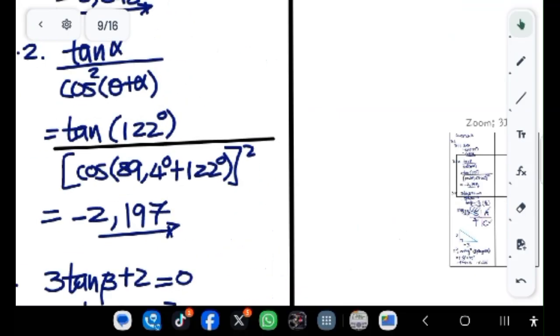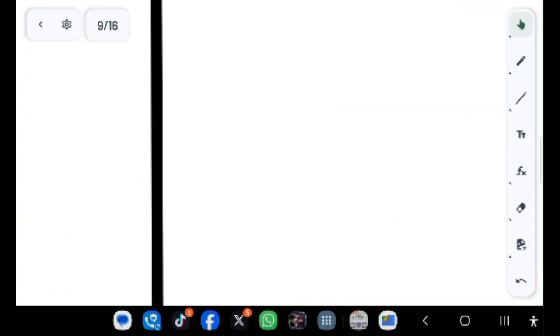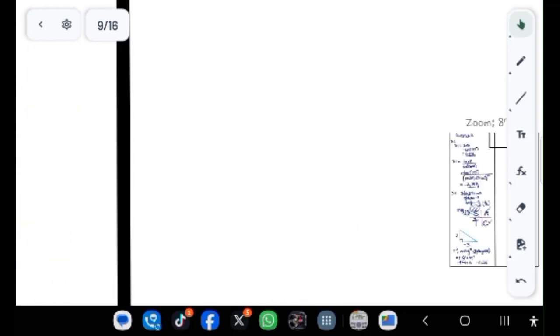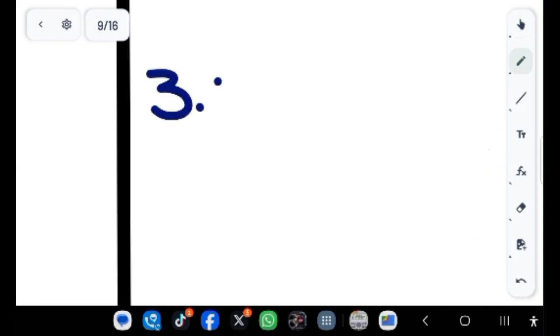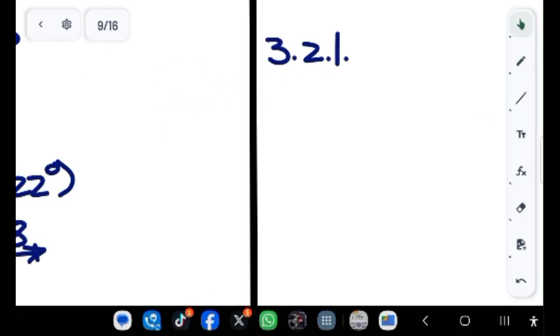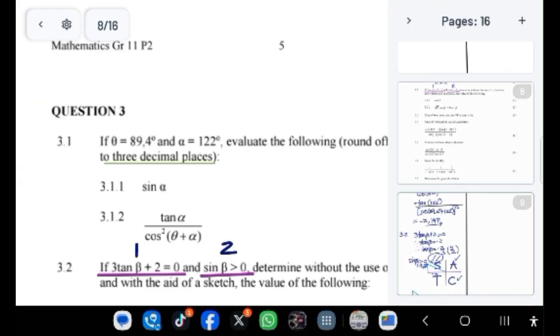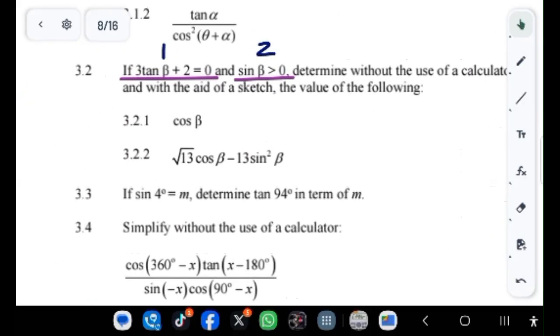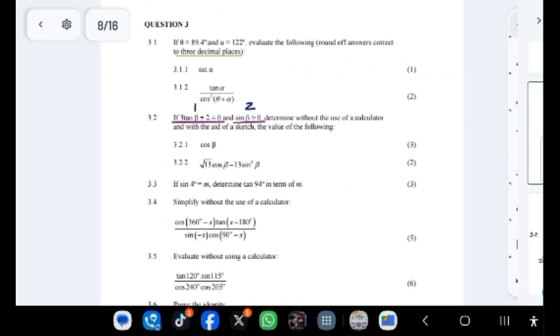Now, let's calculate whatever it is that they wanted us to calculate. We've got our x, r, and y. Now we can calculate 3.2.1. Let's go. Calculate cos of beta.